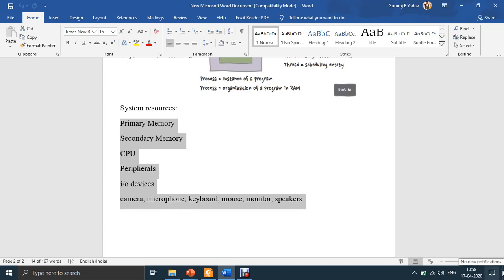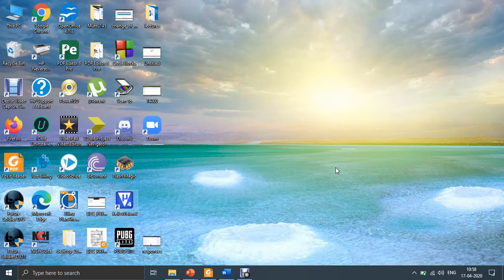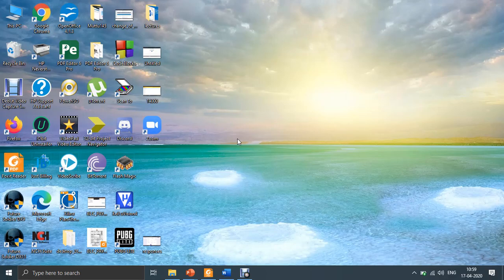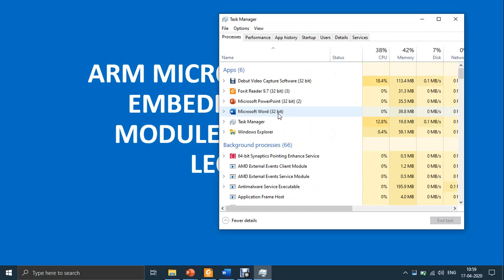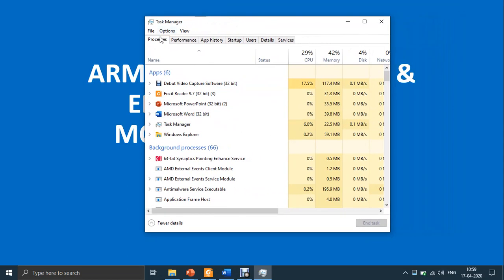So now I'll show some of the processes that are currently running in my PC. What you have to do is press Ctrl Alt Delete, then go to Task Manager. As soon as you go to Task Manager, you can see here processes.